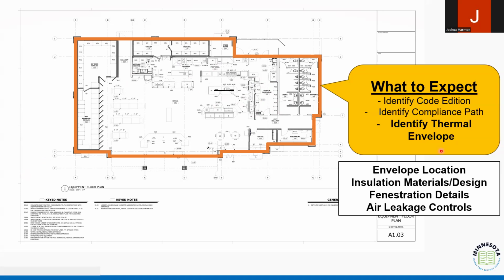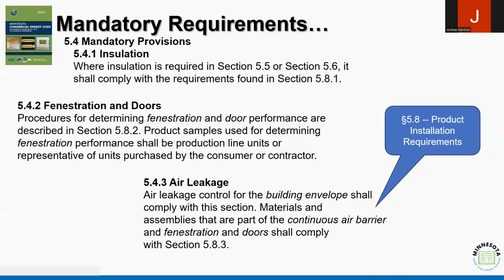So we have our four key pillars of energy code compliance, and within that building thermal envelope, we talk about envelope location, insulation, fenestration, and then air leakage controls. When we break that down even further, the code tells us that one of our mandatory considerations is the insulation, the fenestration, and the air leakage.